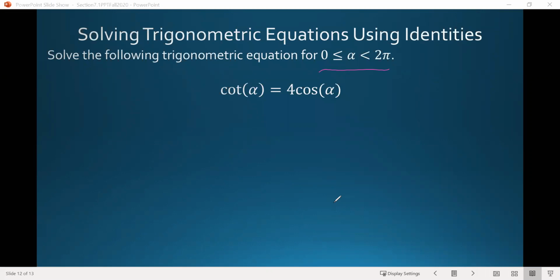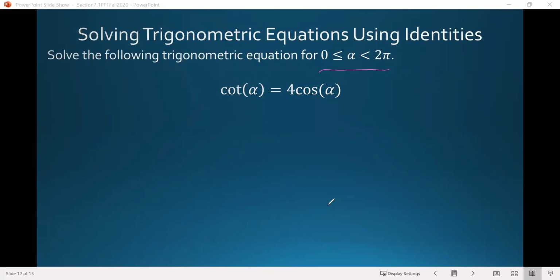Now, if you recall from the previous video, our general approach to a problem like this is to first try to write it in terms of a single trig function. So we want to try to do that with this one. Now, it doesn't look like there's an obvious way to do that right away because we have cotangent and cosine, and there's no direct connection between the two.